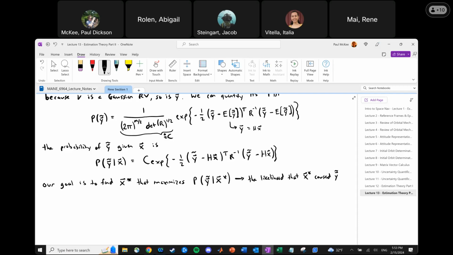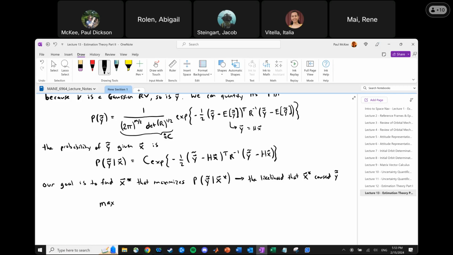So we have a set of measurements. We're looking for the state that maximizes this conditional probability. We're saying, what is the state that gives us the best chance that this is the state that caused the measurements? And so this is an optimization problem again. This is a maximization problem instead of a minimization problem.